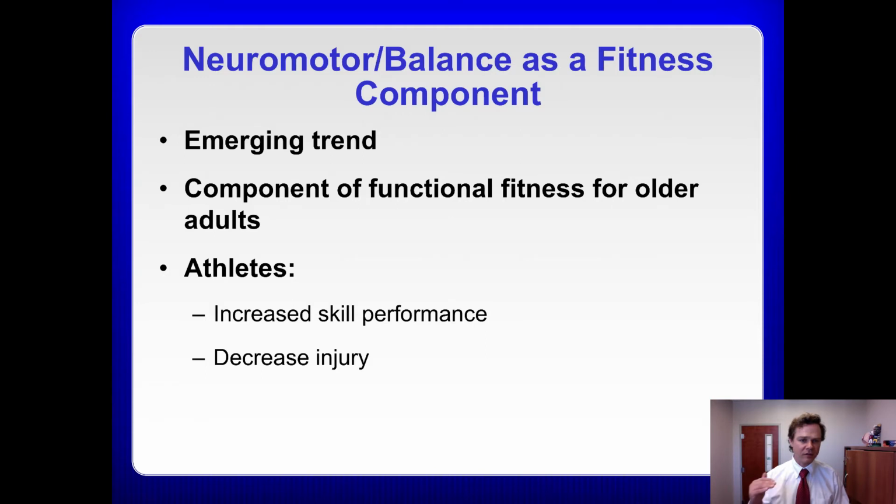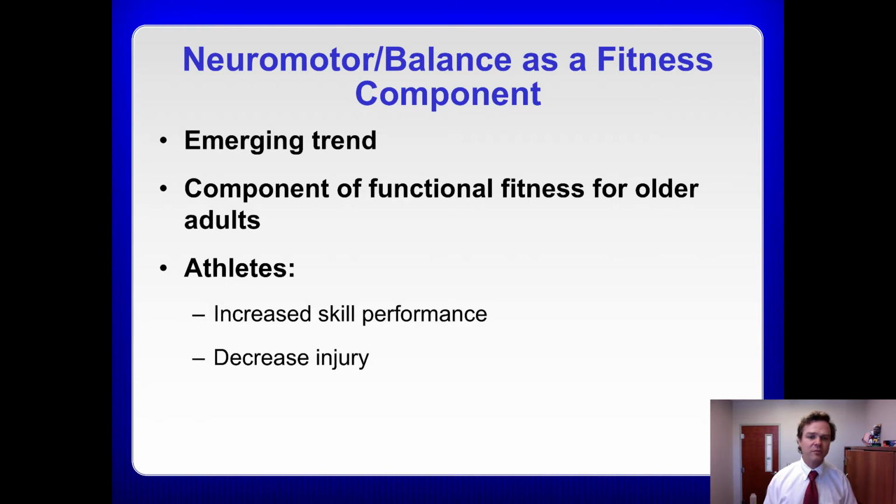If you have a higher level that you're starting from, then hopefully that decrease in skill will still let you be able to do your tasks of living with ease, as opposed to people that didn't have skill, didn't have balance. As they get older, they may have difficulties completing the basic tasks of daily living. Now that's my theory, but I think there's some logic and sense that goes with it.